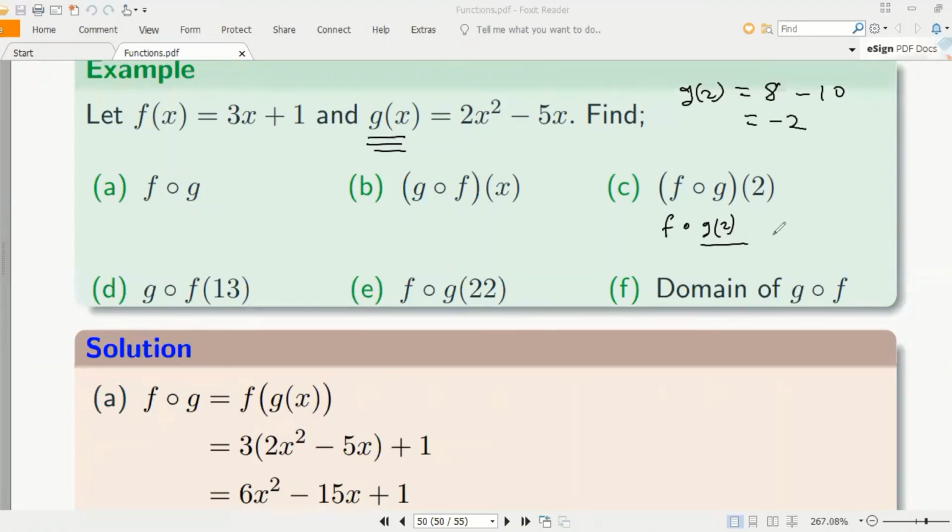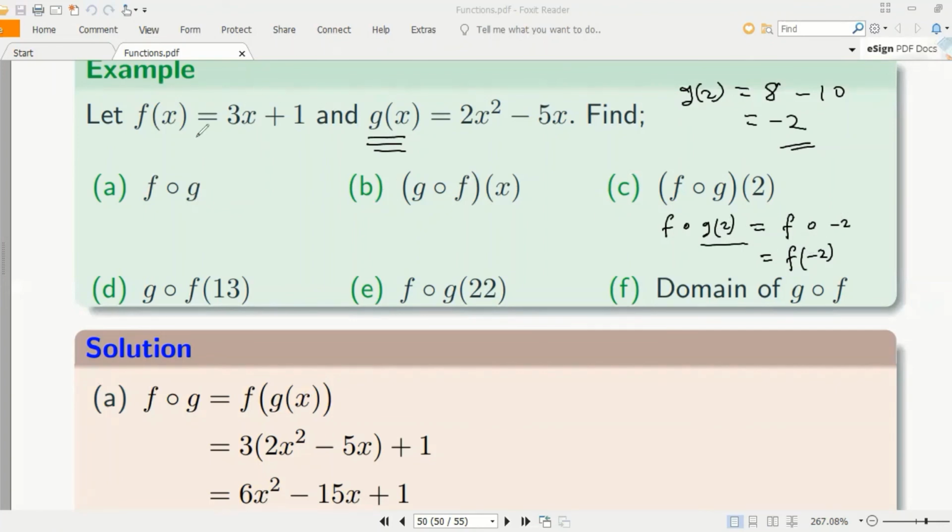And so this therefore is the same as f composition negative 2, which somebody else can write as f of negative 2, because g of 2 is negative 2. So this is negative 2, the whole of this.